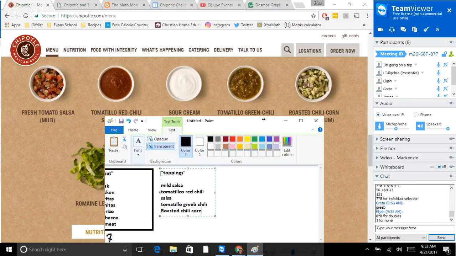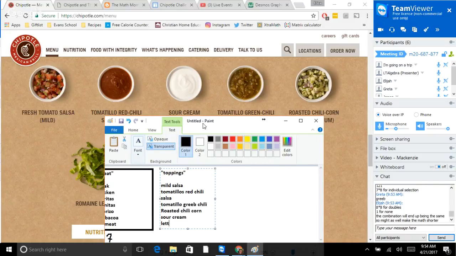Now what do you guys think? Should I just do salsa as one set of things and then sour cream, lettuce, tomato, guacamole as another? Or should I continue, put that all in one? Yeah, it's just how you want to calculate it, right? So I'll just leave it all under toppings. Sour cream. We've got lettuce.